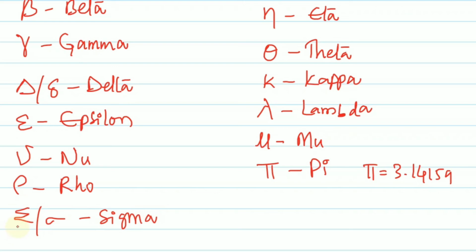This is uppercase sigma, which is nothing but summation, and this is lowercase sigma, which is generally used to represent conductivity. Next is tau.